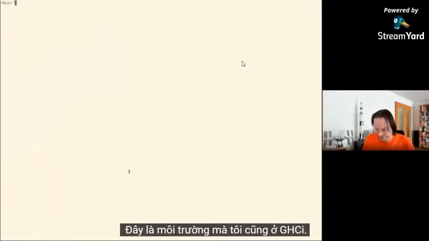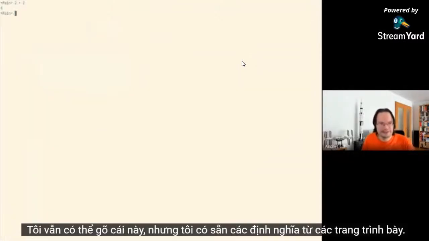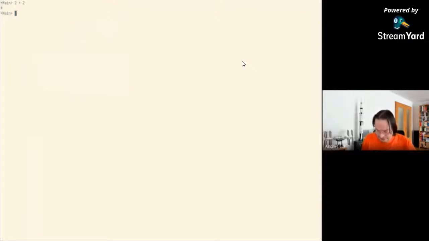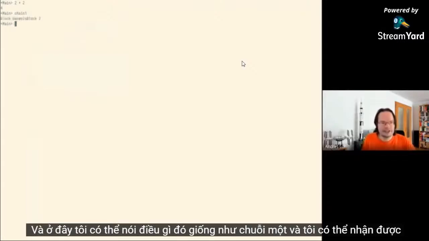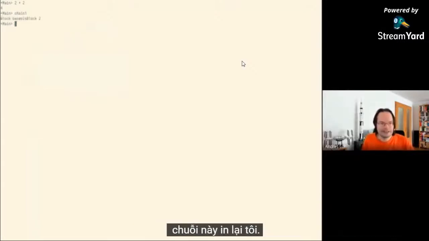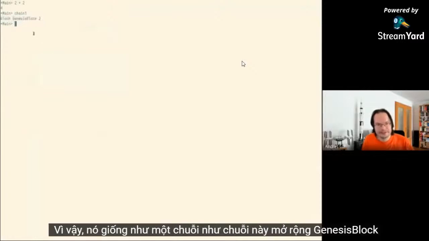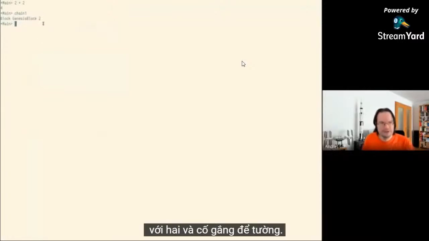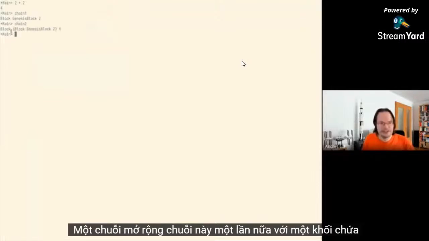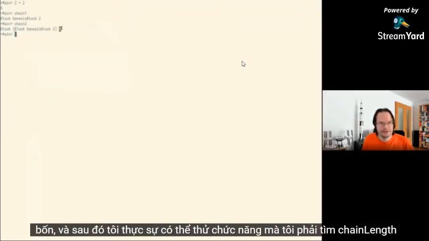This is an environment where I'm also in GHCi and I can still type this, but I have the definitions from the slides available. Here I can say something like chain 1, and I can get this chain printed back at me. It says chain 1 is this chain that extends the Genesis block with 2, and chain 2 was a chain that extends this chain 1 once more with a block containing 4.